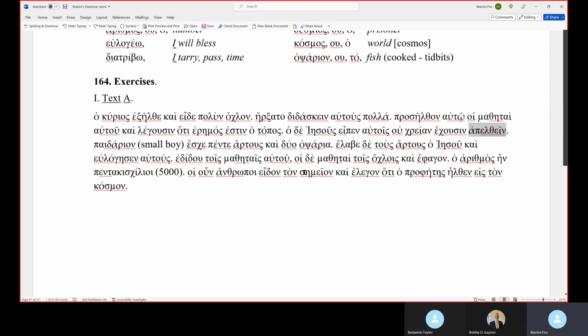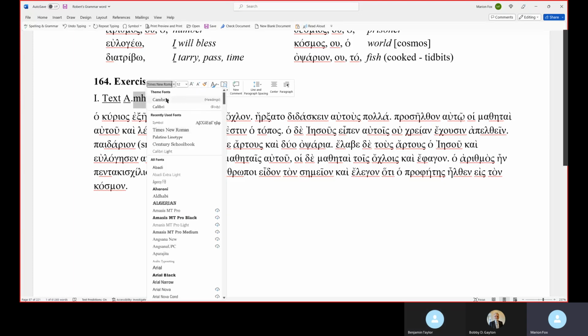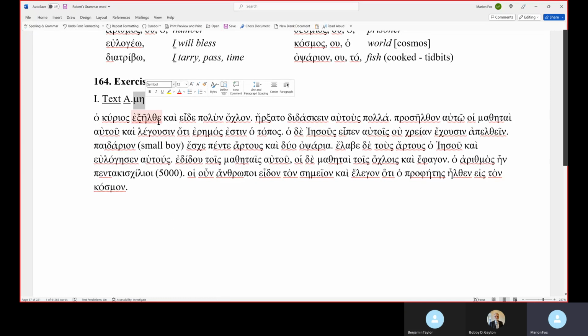Me negates an infinitive. Now I'll show you what me looks like. This right here negates an infinitive. This is not, just like ou is not, but me negates infinitives, and it negates verbs that are not in the normal case that we're using here so far.